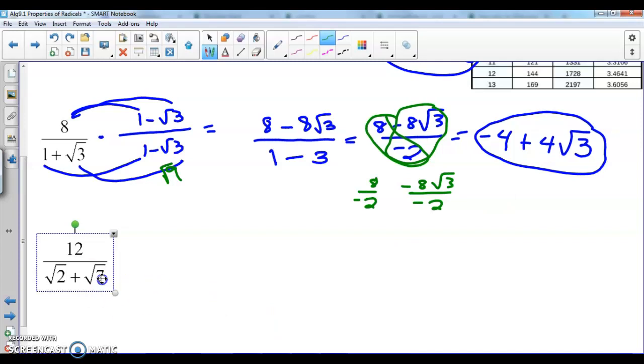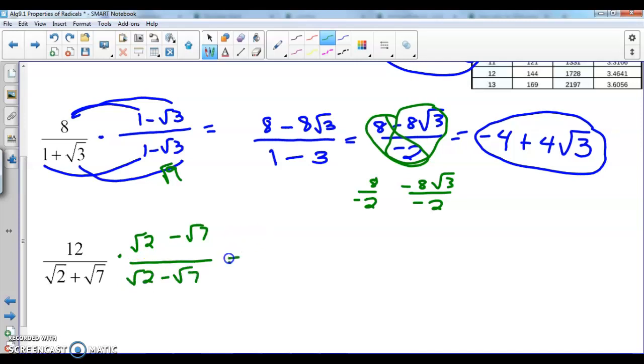Okay, let's look at this one. Both have radicals. So the conjugate is radical 2, change it to minus radical 7, and radical 2 minus radical 7. Alright, 12 is an integer. It's a radical. So integer outside, then radical, minus integer again, then the radical, over.